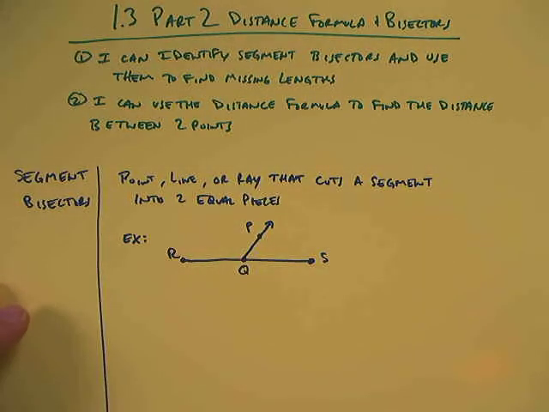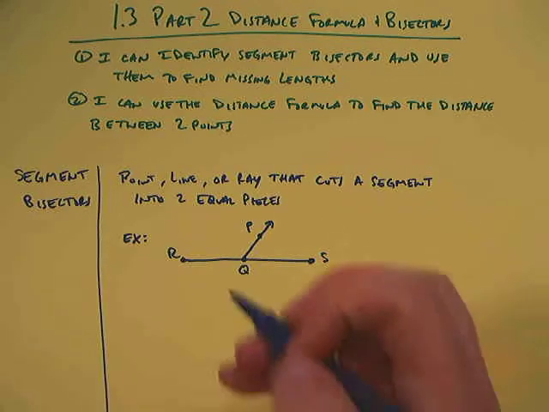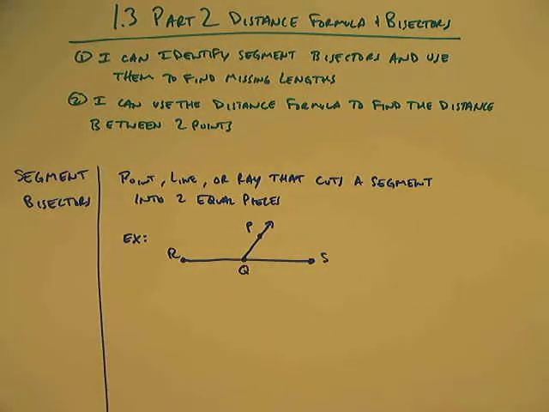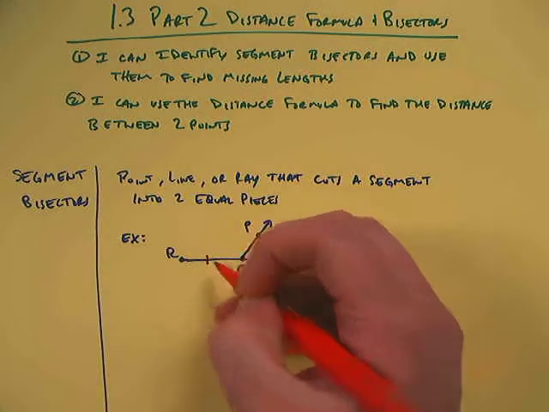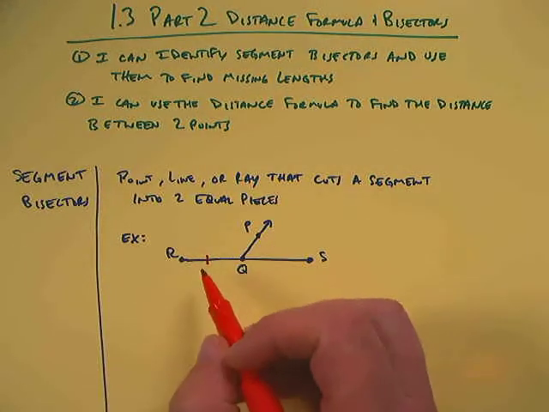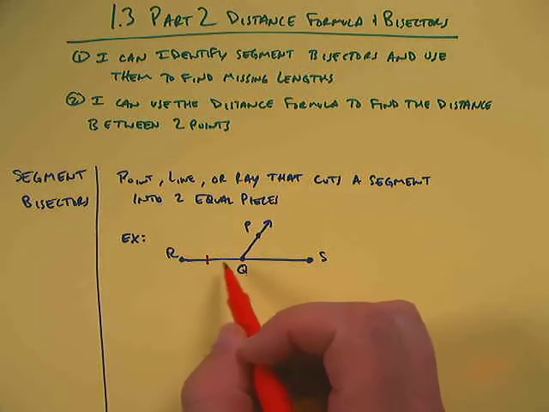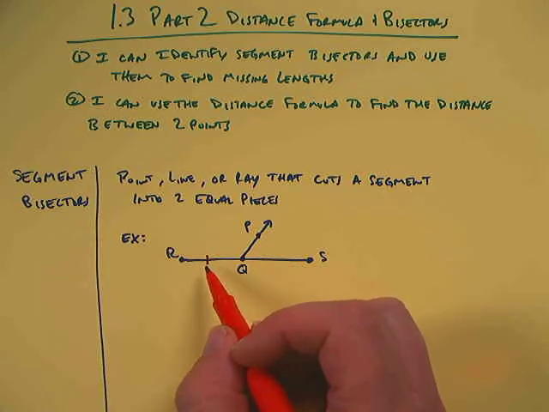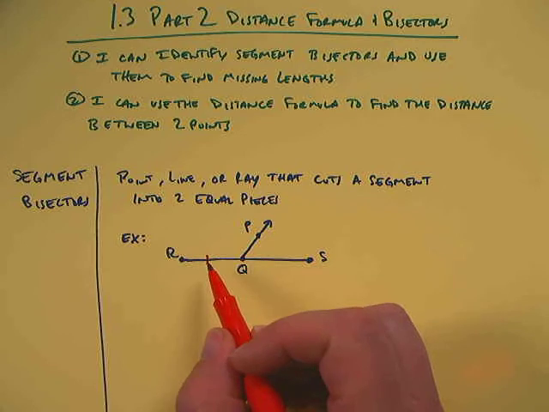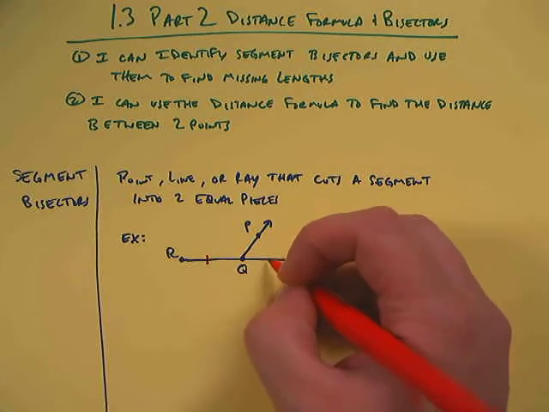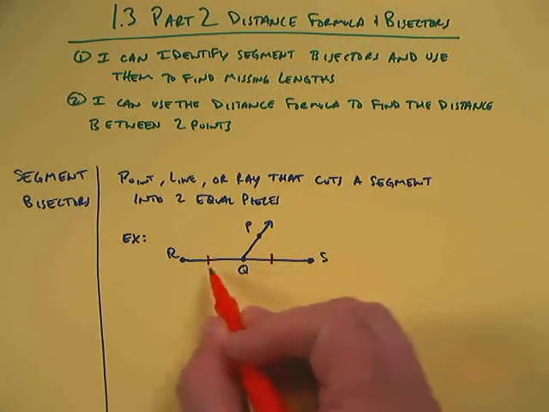Okay, so there's some notation around bisectors and congruence that we want to talk about. Whenever you see a line like that in the middle of a segment, that means that it's congruent, or the same length, as any other segment with one line just like that.